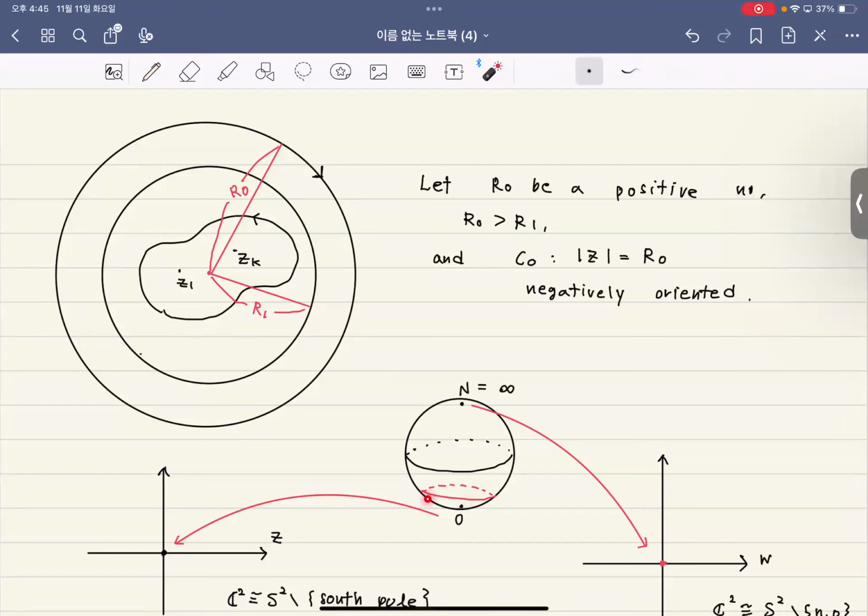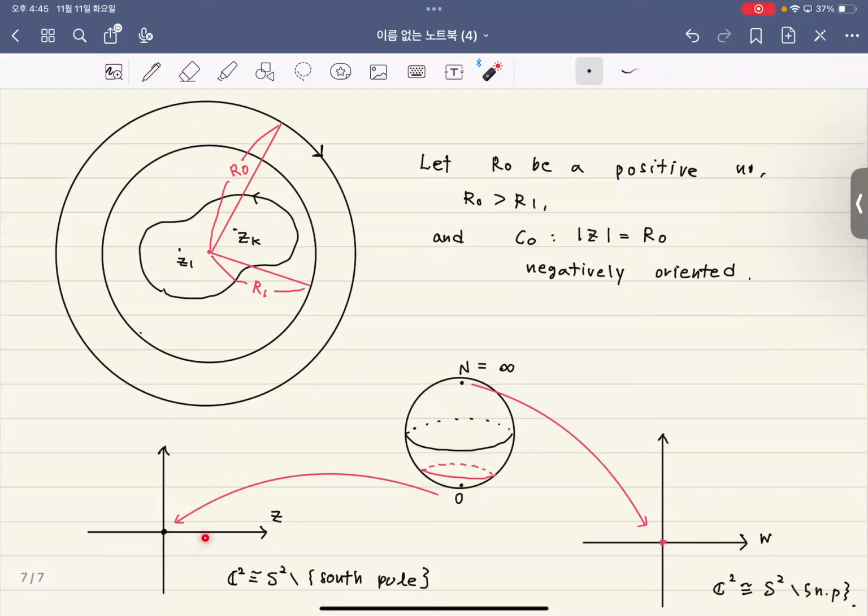Even though it is negatively oriented from the viewpoint of the z plane, from the viewpoint of the w plane, this negatively oriented guy is now positively oriented.